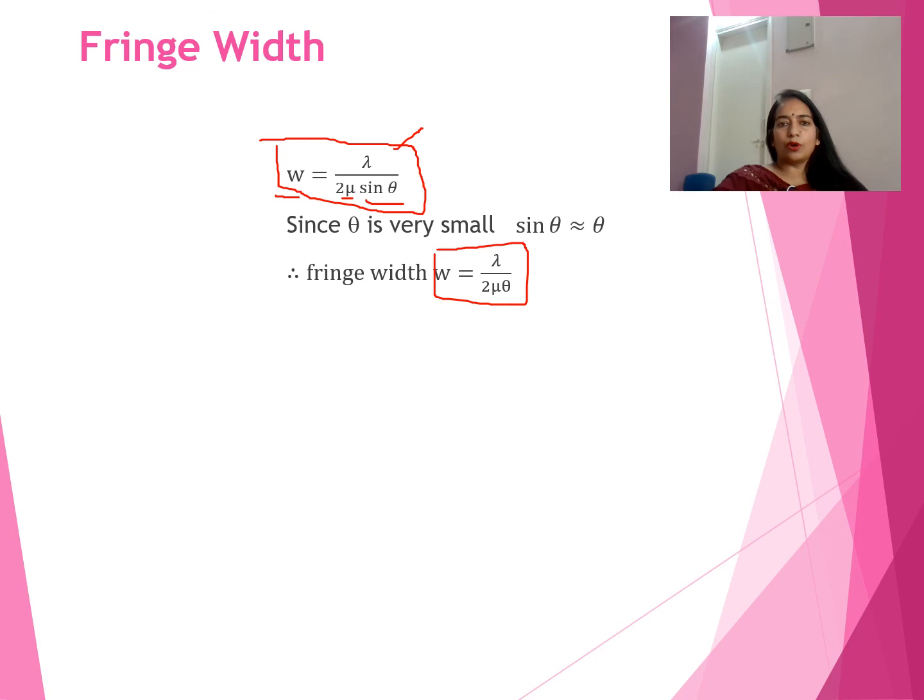If this formula is remembered, then there is no problem. If the question says theta is the wedge angle and is very small, like given in seconds or minutes, then you should use omega equals lambda upon 2 mu theta. A very simple question is asked by the examiner for fringe width.